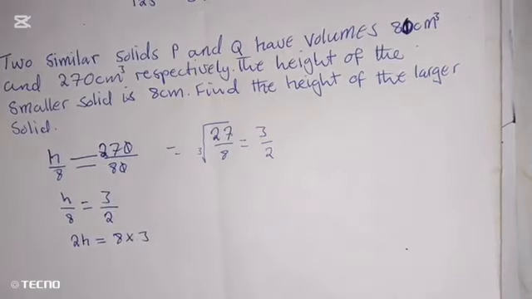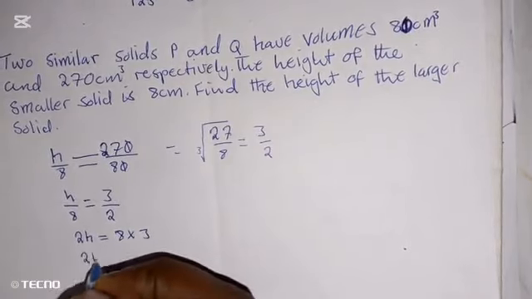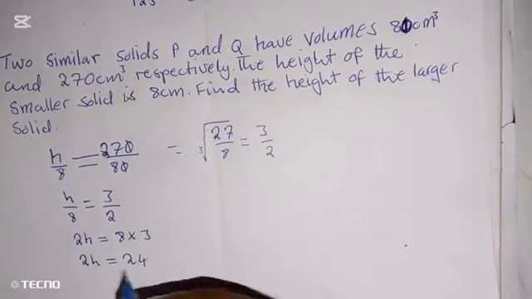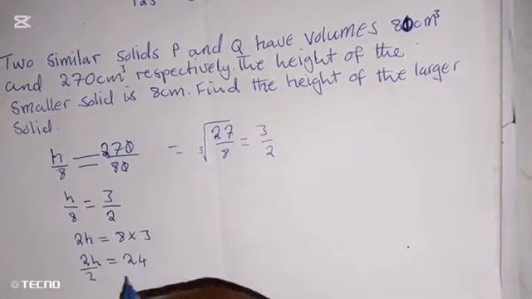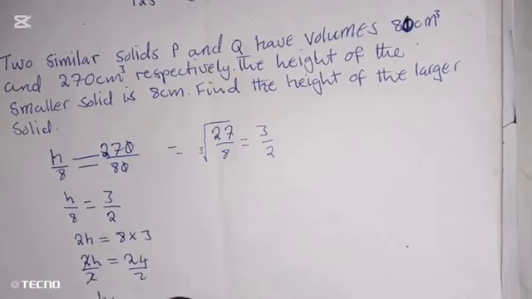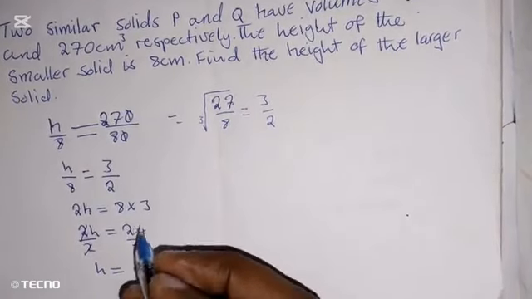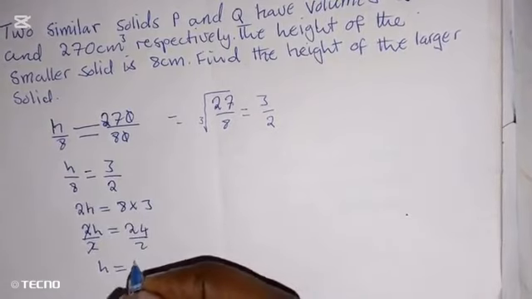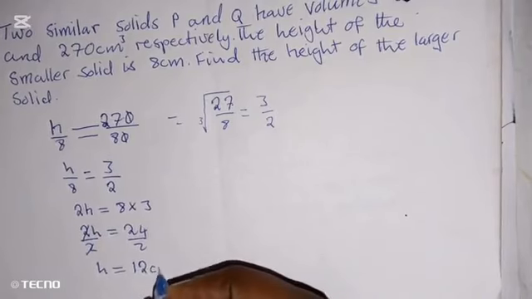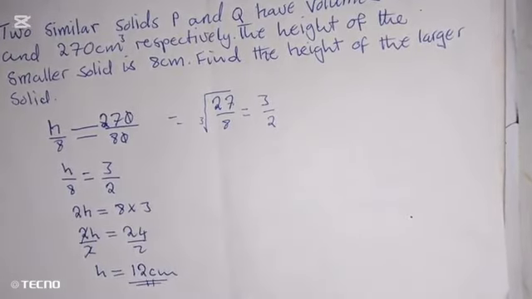So 8 times 3, what do we have? We have 2h equal to 24, then over 2 over 2. So our h is going to be, how many times can 2 go into 24? It's 12. So it's 12 centimeter as the height of the bigger solid.